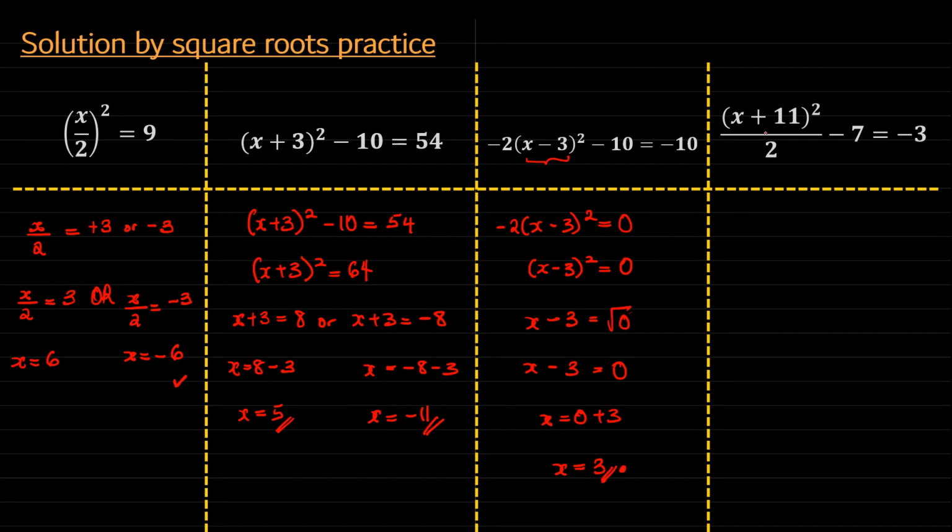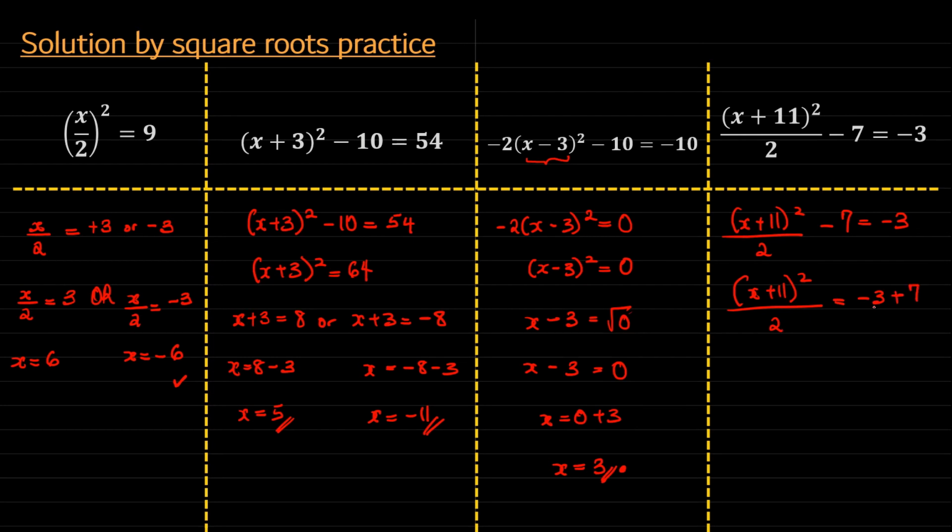Simple enough. Okay, for this one here, same thing, right? We would want to work with the negative 7 first before we cross multiply. Let's see how that works. We'll have x plus 11 squared over 2 minus 7 is equal to minus 3. So I'm moving the minus 7 now. I would have x plus 11 squared over 2 is equal to minus 3 plus 7.